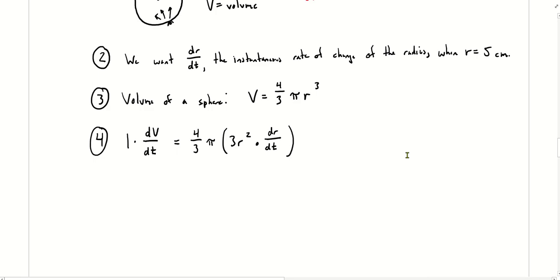So let's simplify this a little bit. 1 times the derivative of volume with respect to time is just dV/dt. And then on my right-hand side, I have 4/3, and then I have this 3. The 3 in the denominator of 4/3 will cancel with the 3 next to that r squared. So my right-hand side can be written as 4 pi times r squared times dr/dt.